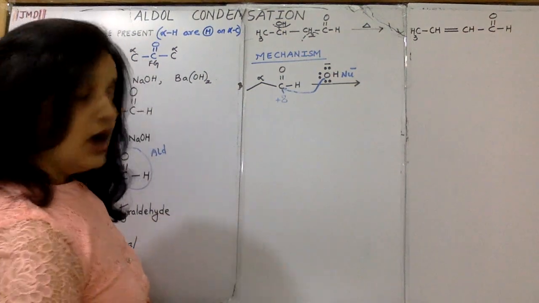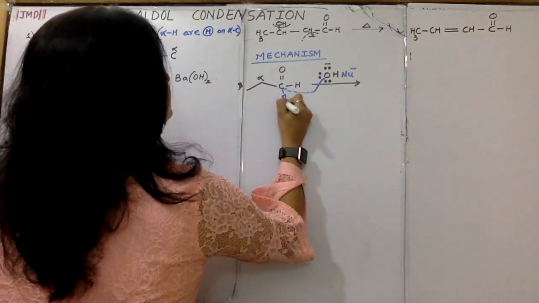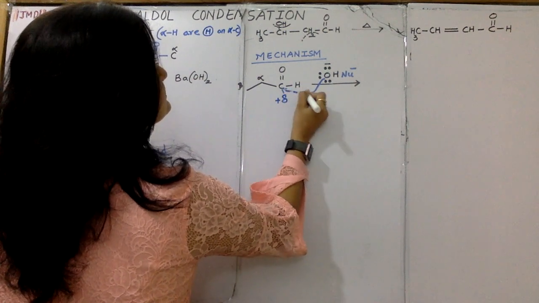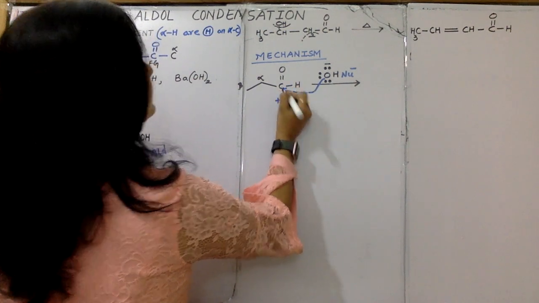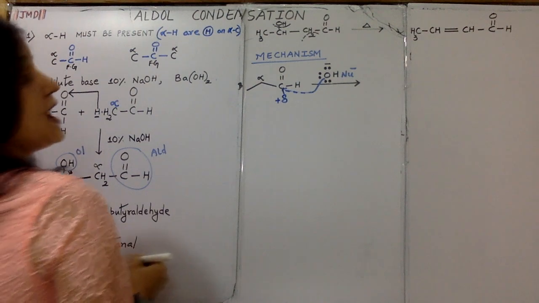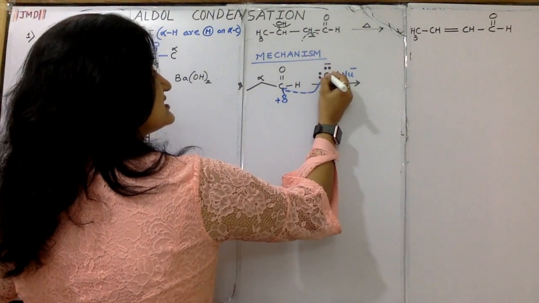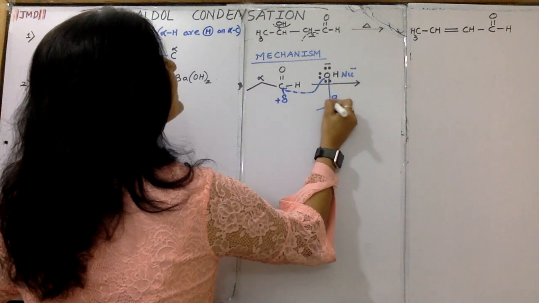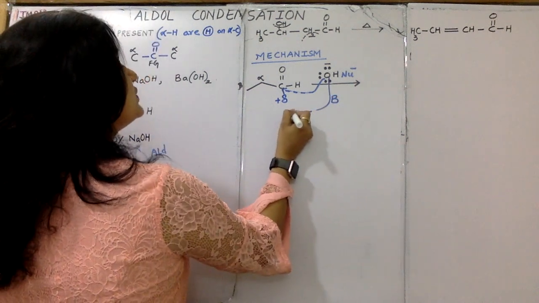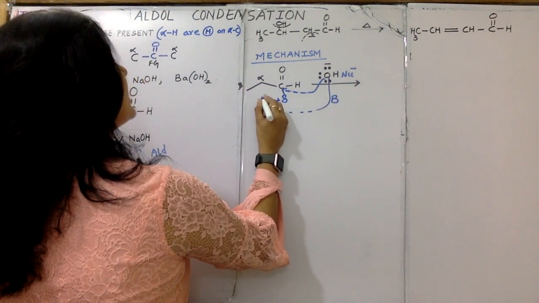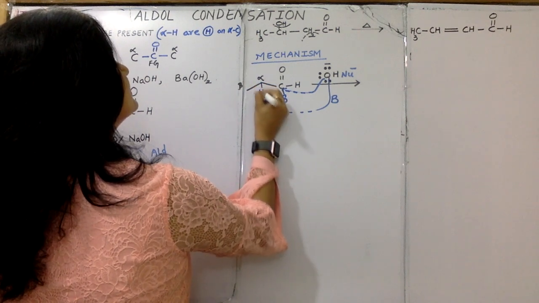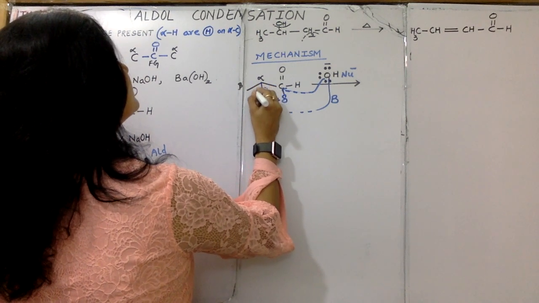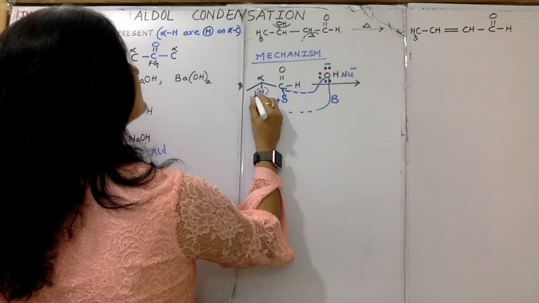This is the electropositive center and this is how it is trying to attack here. But suppose this OH minus behaves as a base, then it will try to abstract a hydrogen from here.